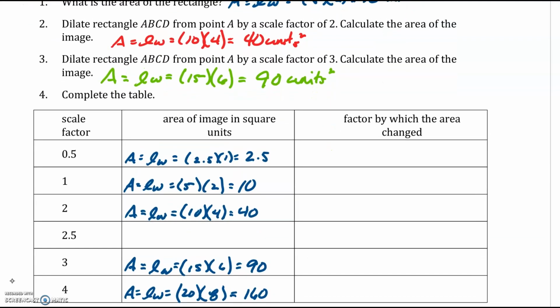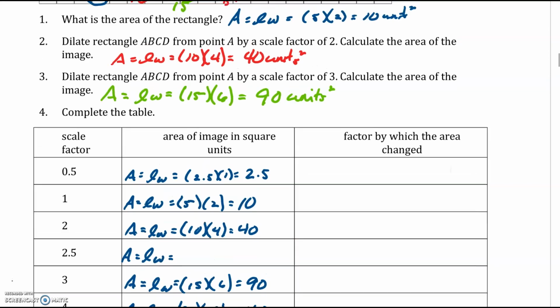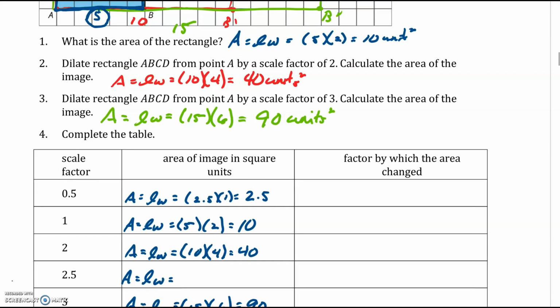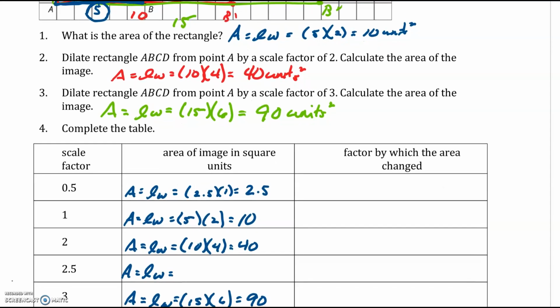Now if we do the 2.5 here, the area is the length times the width. If I take 5 and multiply it by 2.5, I get 12.5.